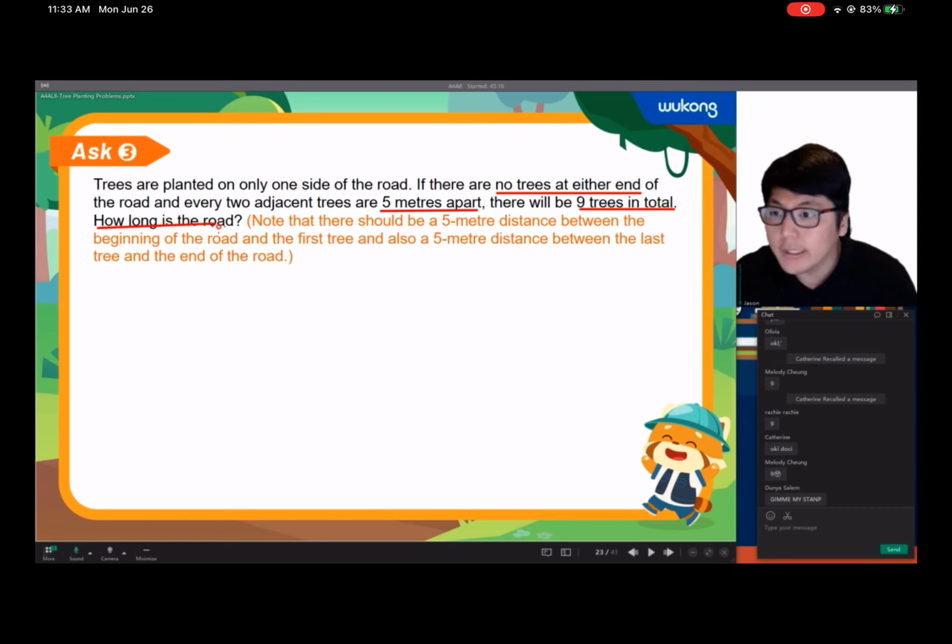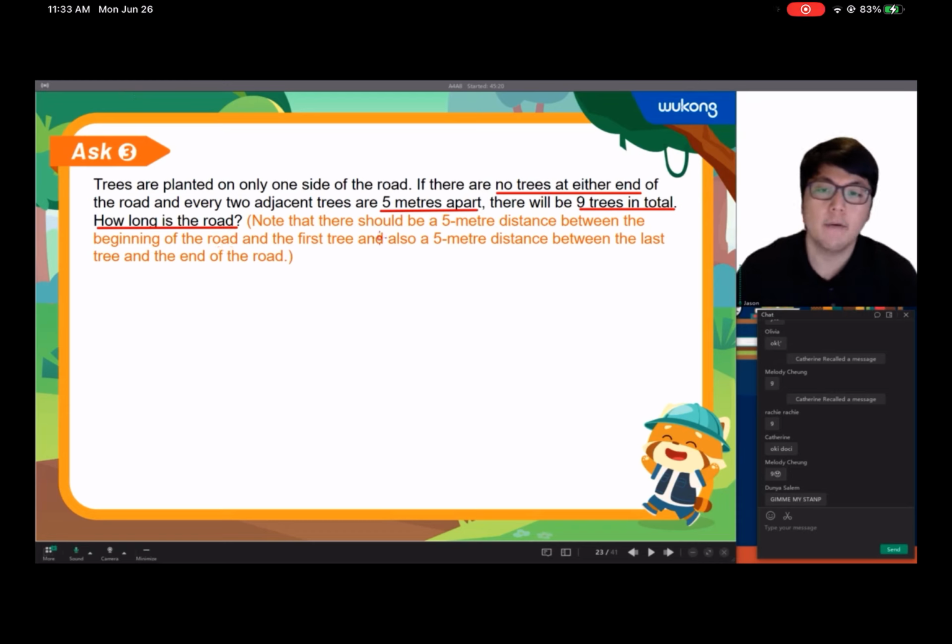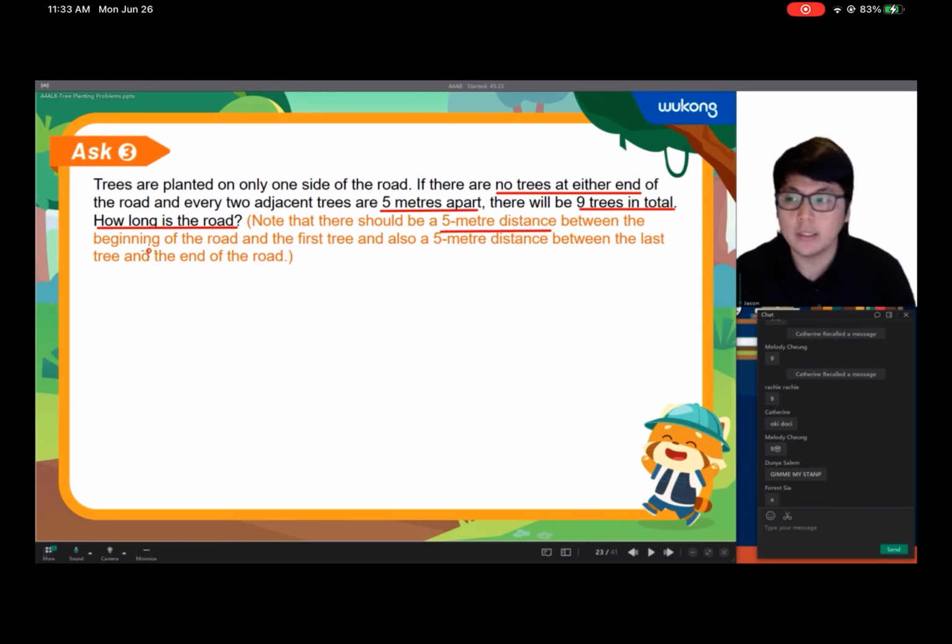How long is the road? Note that there should be a 5-meter distance between the beginning of the road and the first tree, and another 5-meter distance between the last tree and the end of the road. This is there so we don't mess up our calculation.